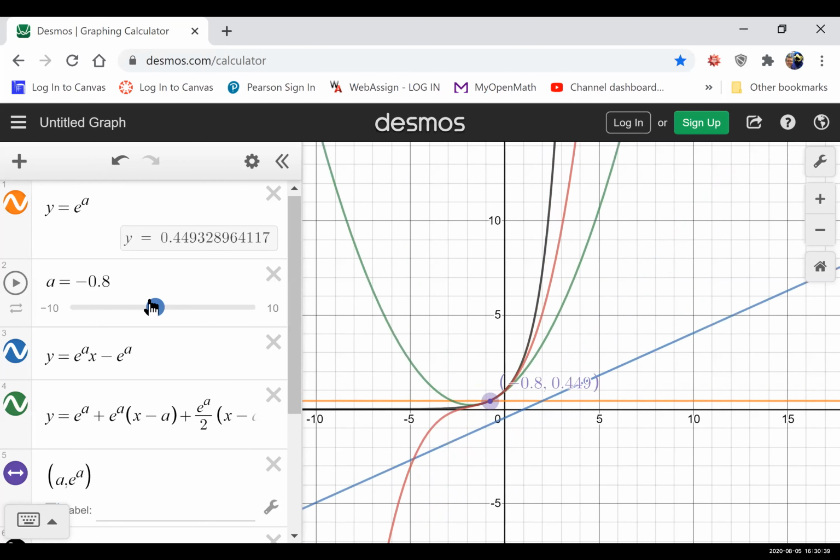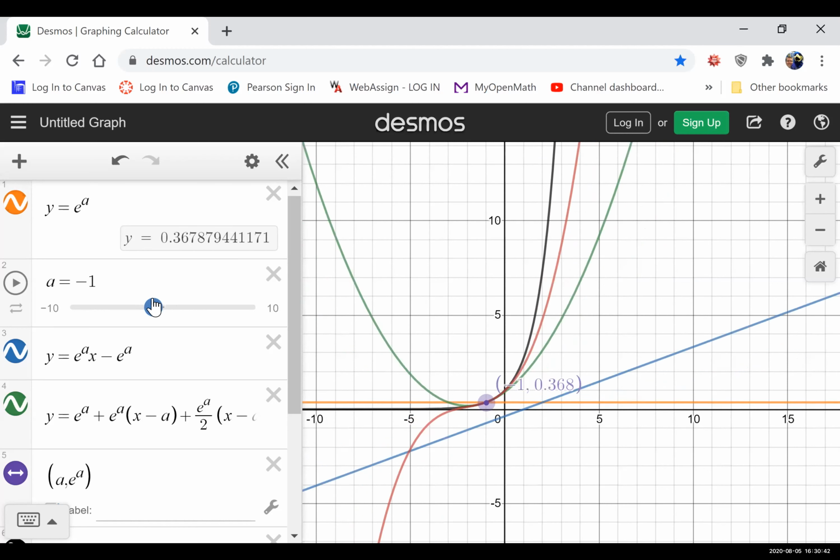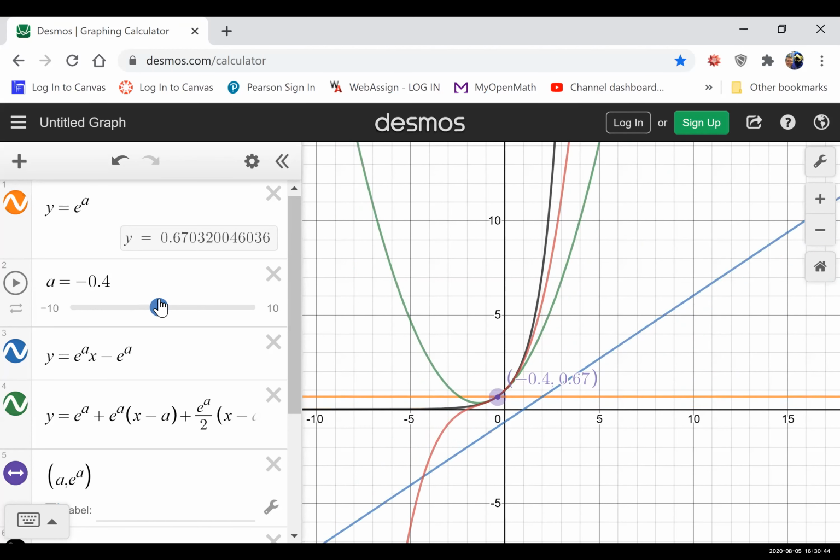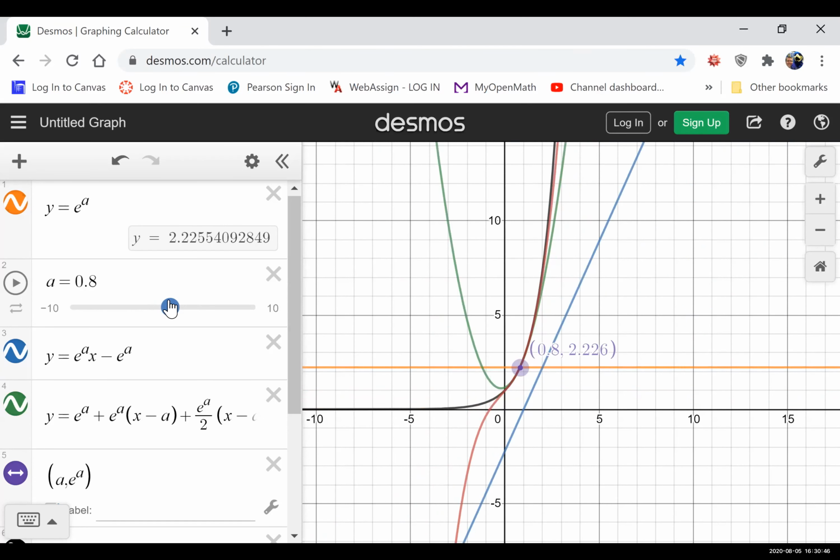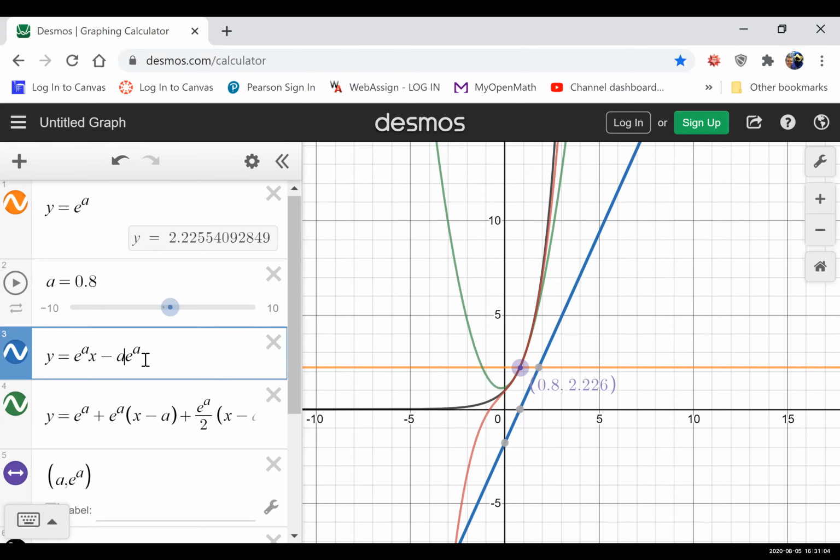Isn't that beautiful? What is happening? Well, we can see that's the linear, right? Does that work? Why is that not working? Did I do it wrong? It should be x minus, oh, yeah, x minus a. Sorry, there should be an a in front of here. X minus a. I think that will fix it.